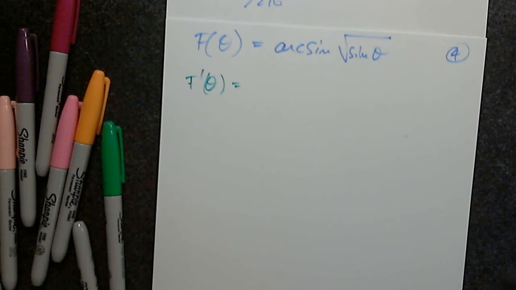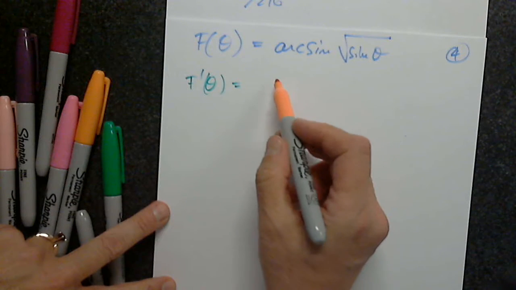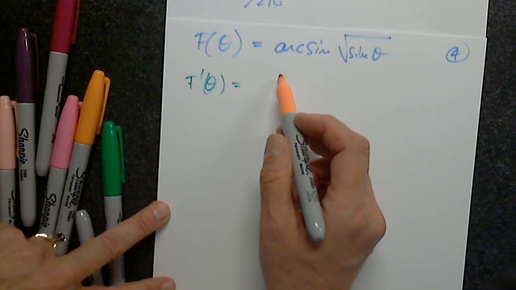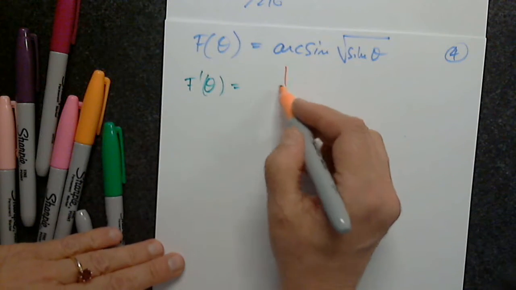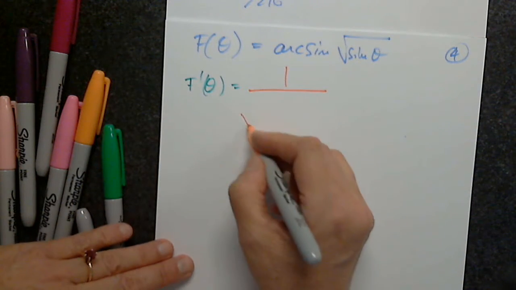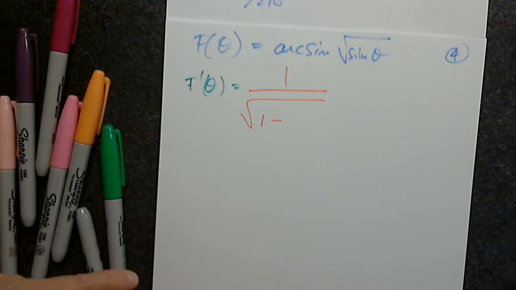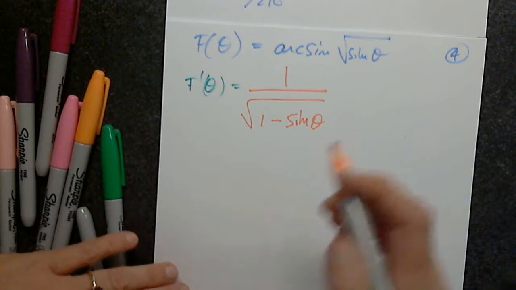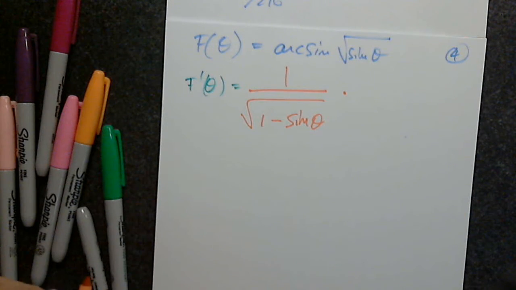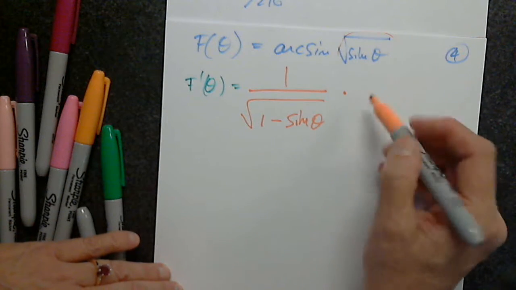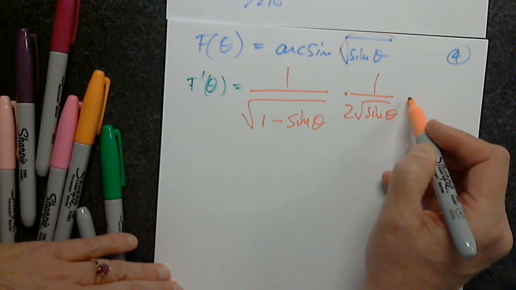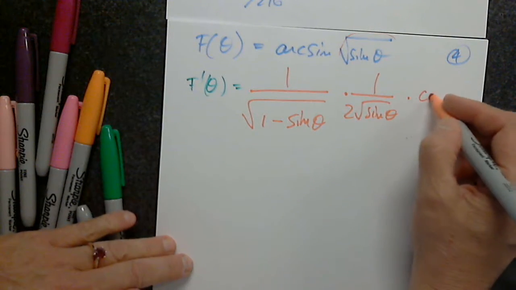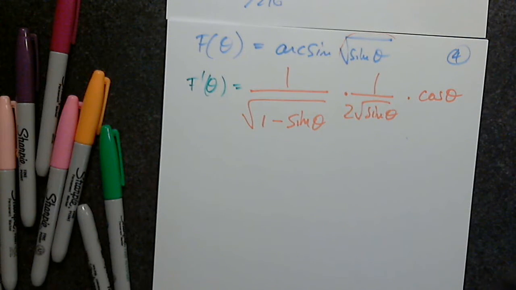What will this equal? One over the square root of 1 minus, squared, which is sine theta in this case, times, yes, because now we have to differentiate the square root, 1 over 2 the square root of sine theta times, very good, excellent, well done. Do we all agree with this?